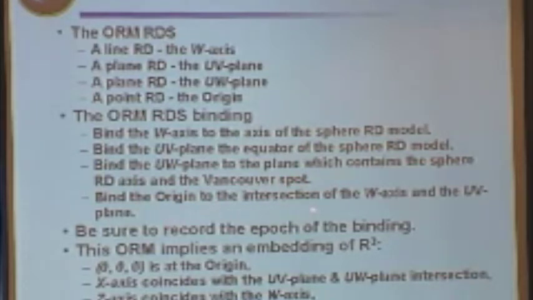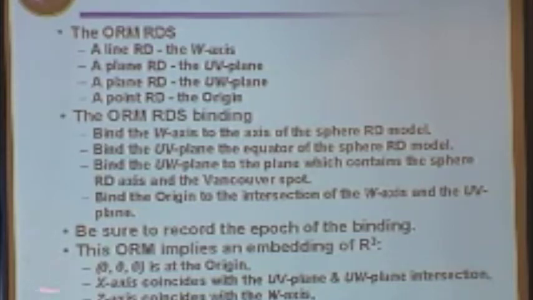And then the origin will be the intersection of the axis with the UV plane. And now, given that, we have to be sure to record the epoch of the binding, because however we measure up may change in time, and similarly for the elevation of Polaris and other such things.